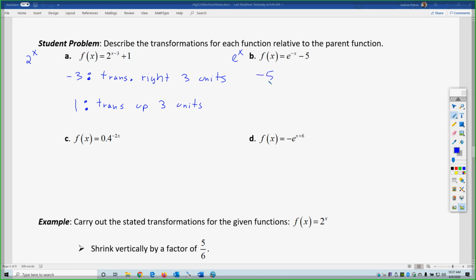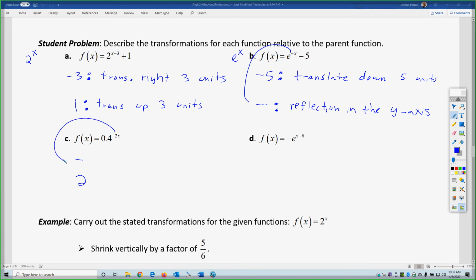So I have a negative 5 here and a negative. On the outside, adding and subtracting is a translation down 5 units. And the negative is on the inside, so I'm changing my x value, so it's reflecting in the y-axis. Okay, 2 more. I have a negative and I have a 2.